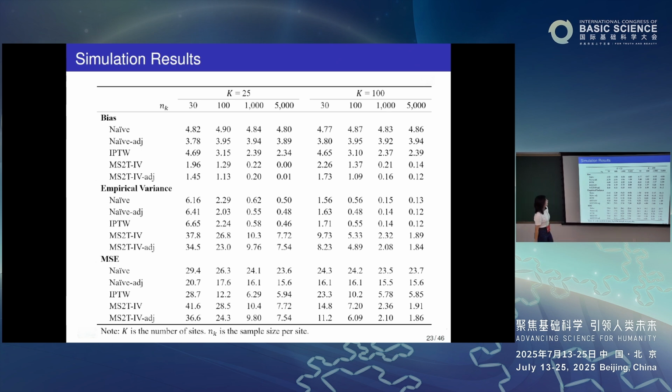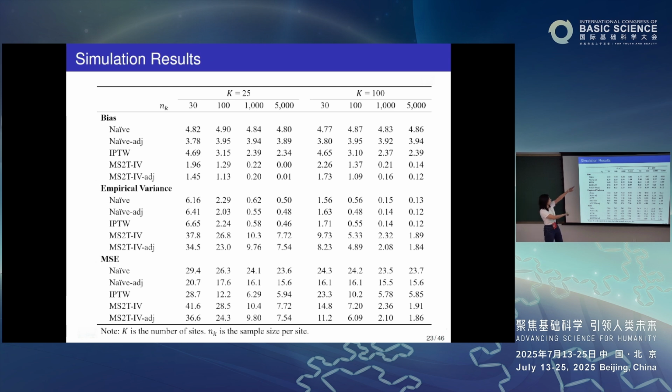And we compared five different methods. One is naive. What we want to estimate is the treatment effect had subjects taken a sequence of the treatment versus a sequence of control, right?